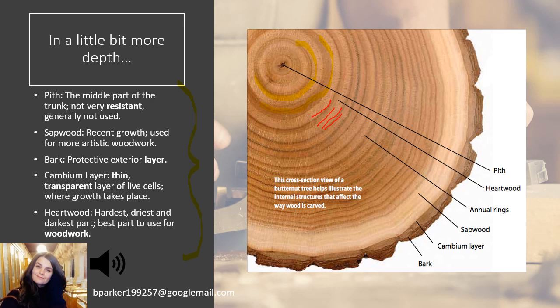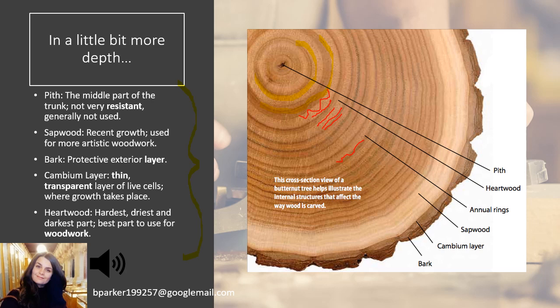The lighter coloured rings, so these ones here, for example, this one, is called early wood. The darker ones, like this little one here, for example, are called late wood.